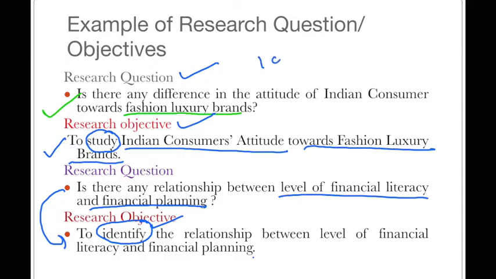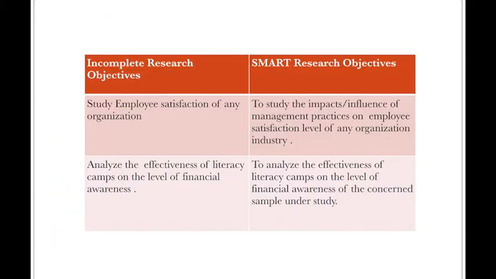So if I have, let's suppose, 10 to 12 general questions, I first write those questions as RQ, research questions, and then I can have RO, research objectives. That will make the framing of objectives easy and near to perfect, not the perfect one.